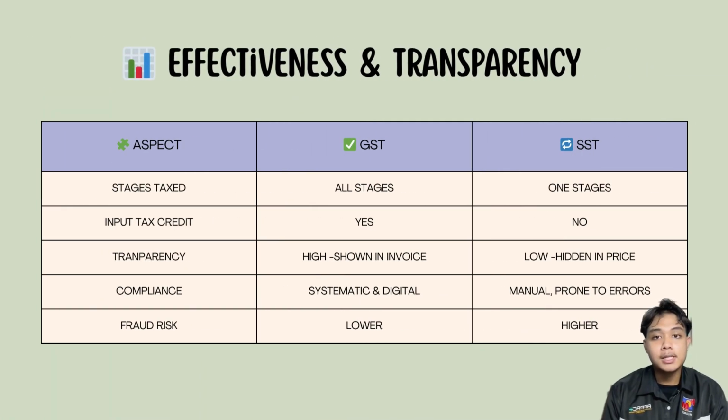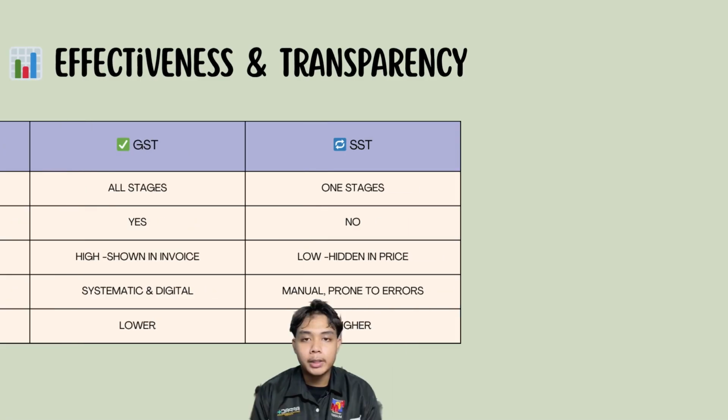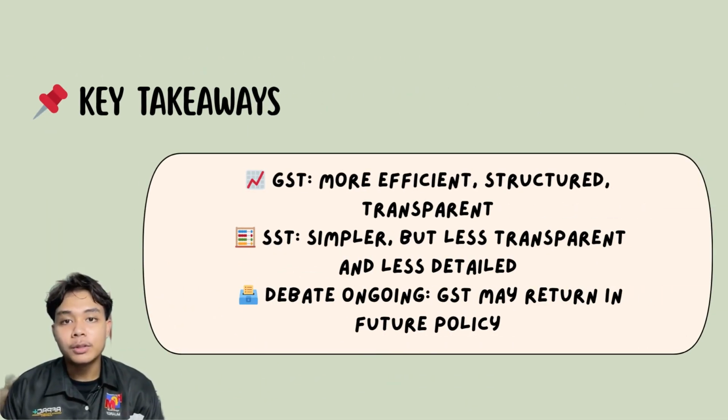Now, let's compare GST and SST. GST is more effective in tracking taxes because it applies at all stages, and the input tax credit system improves accuracy. It's also more transparent. To sum up, GST is more structured, efficient and transparent, but it was unpopular among the public and seen as a burden.